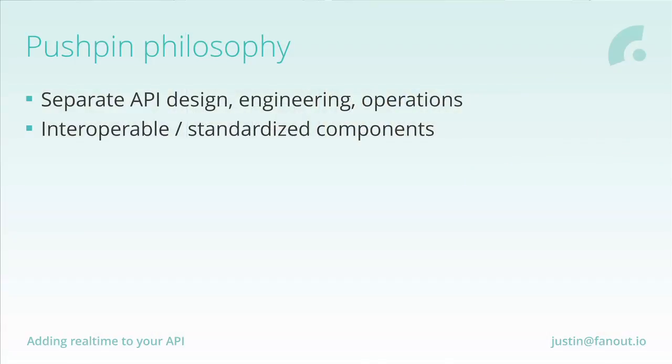So how does this actually work, though? Getting into Pushpin, what we wanted to do here is separate these different roles when you're building an API, different tiers in an architecture that kind of got lost a little bit with the way push works. Typically, if you're building an API, you have your API designer, your backend implementer, maybe your DevOps dealing with caching layers, and your clients developing client code against the API that was defined first.